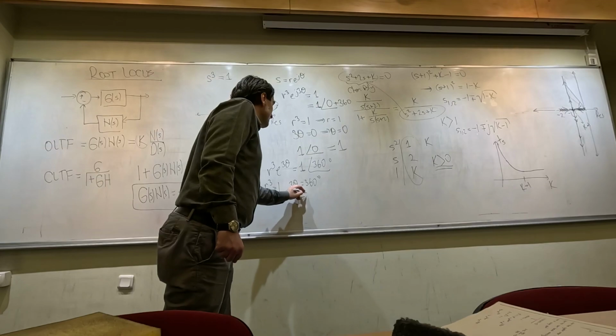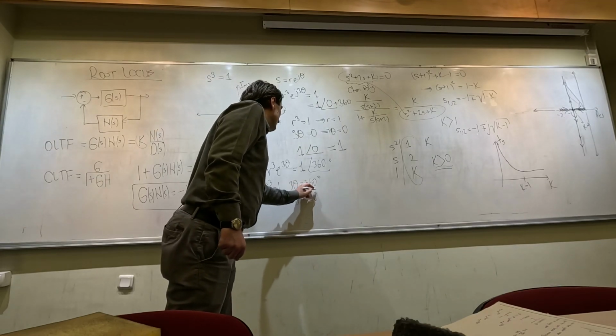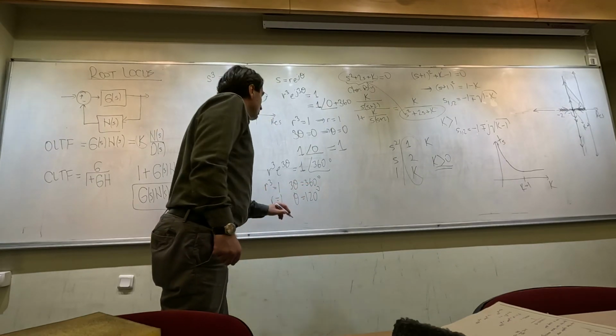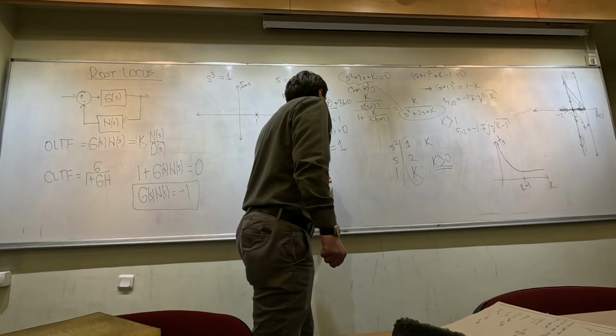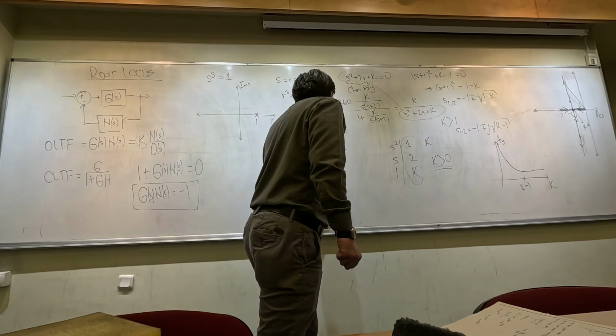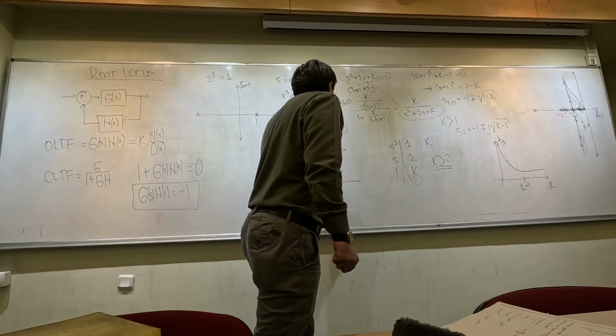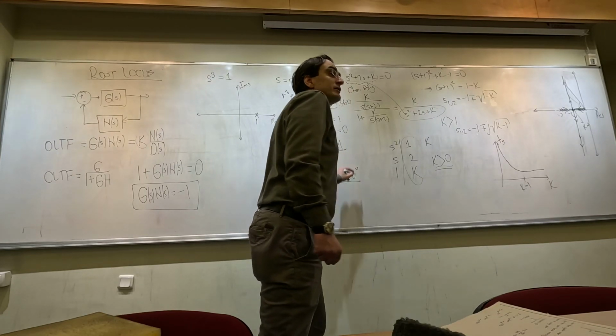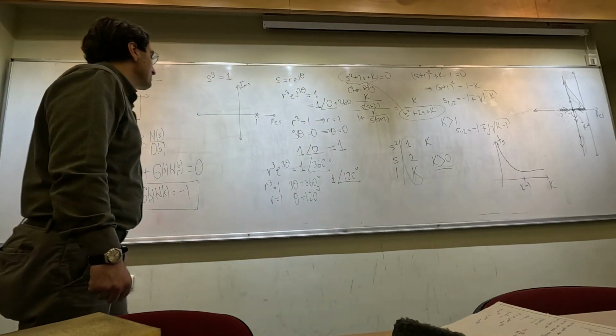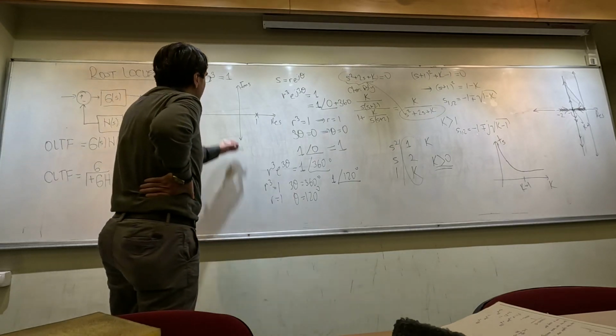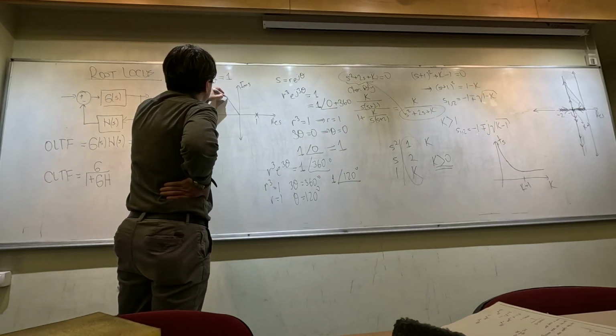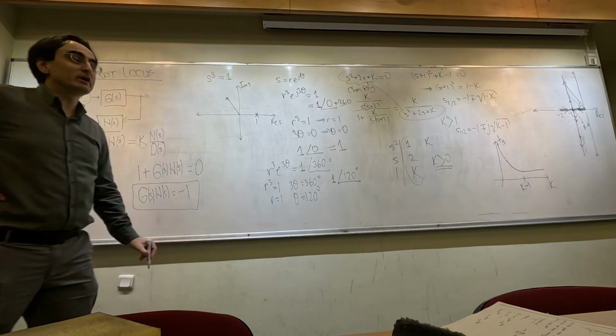Meaning that theta can be actually 120 degrees, and r is equal to 1. So the second solution, I can actually say that it has the magnitude 1 and the angle 120 degrees. Okay? So that actually means that the second solution is somewhere here.